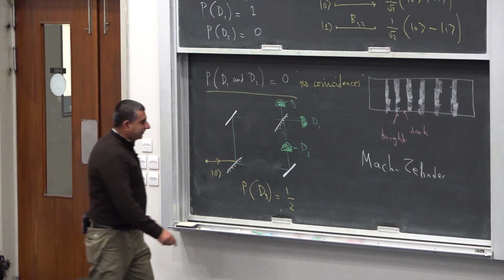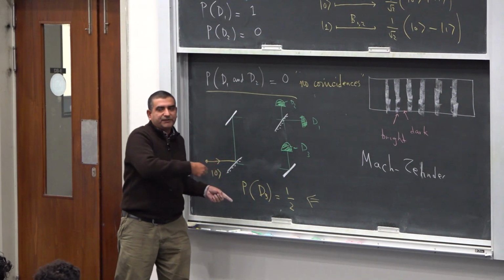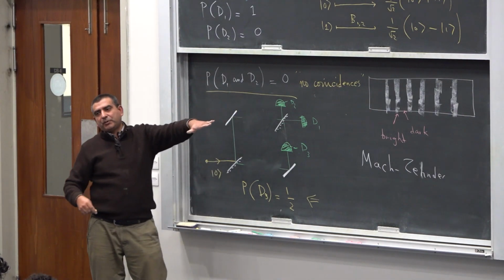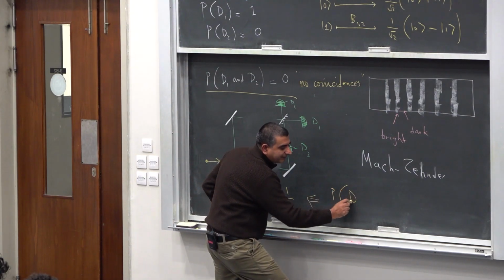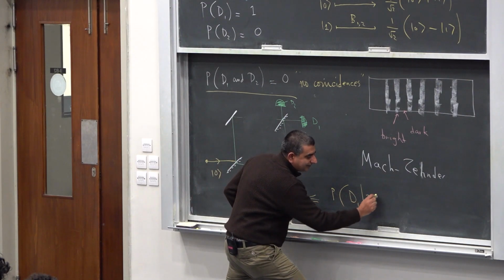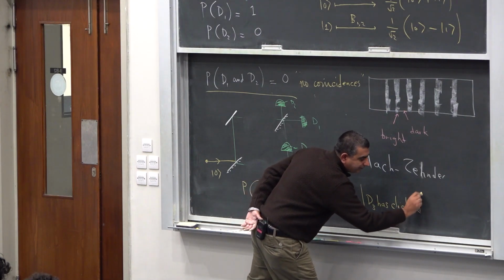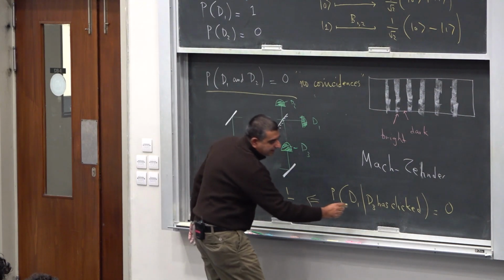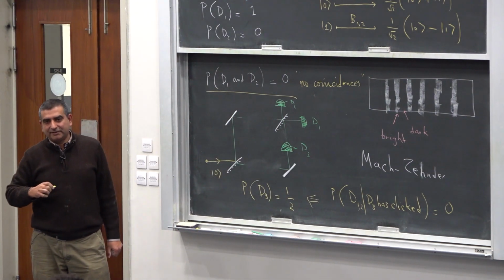So conditional upon this scenario, neither D1 nor D2 clicks. The probability that D1 clicks, given that D3 has clicked, is 0. Correct? And the same for the probability that D2 clicks when D3 has already clicked: it is 0.